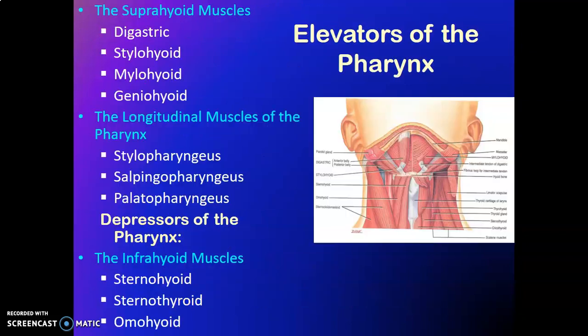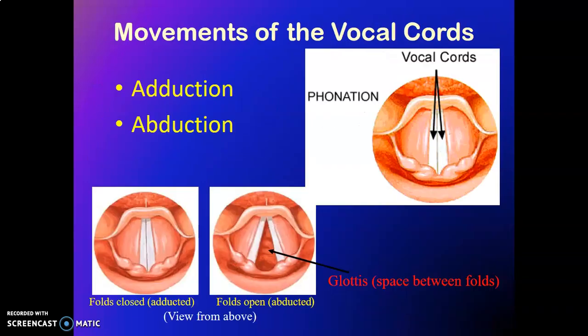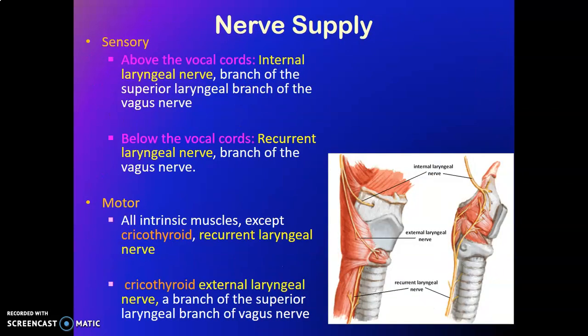So the intrinsic muscles are the oblique arytenoid and epiglottic muscles controlling the inlet. Then we have transverse arytenoid and lateral cricoarytenoid that will adduct, and posterior cricoarytenoid that will abduct the vocal cords. So basically, those are the intrinsic muscles of the vocal cords.